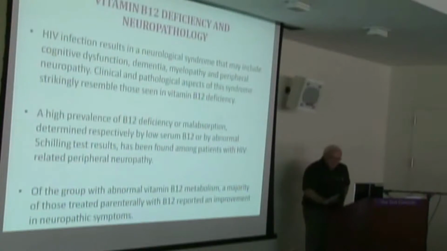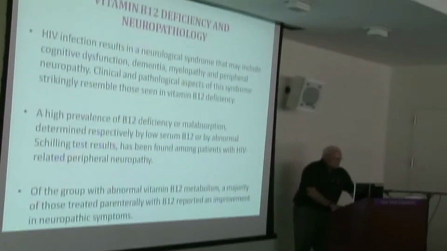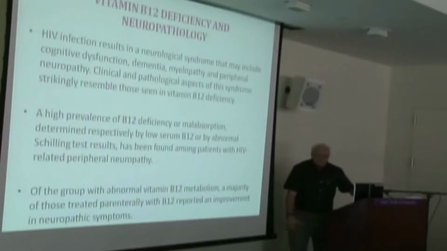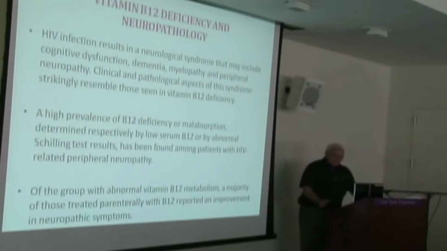And I'm sure, with the high incidence, many of us know older people in our families or acquaintances that have diabetes, and maybe they shuffle because they can't feel their feet. You see them walking like this. They can't feel their feet. And that's probably functional deficiency of vitamin B12.